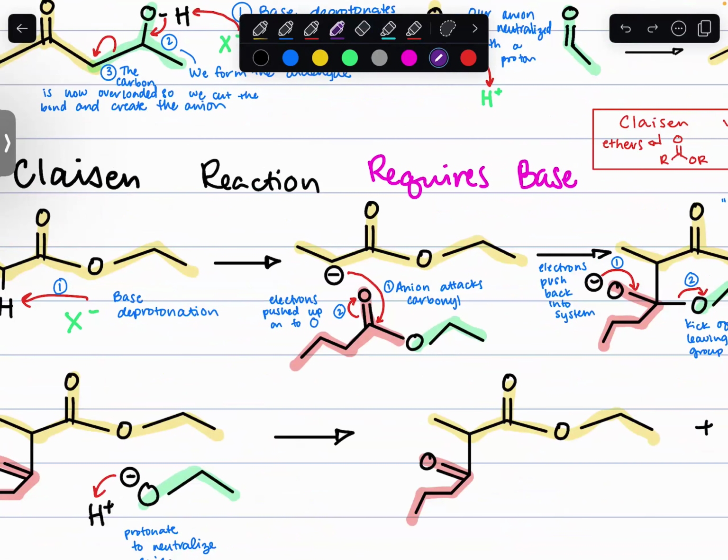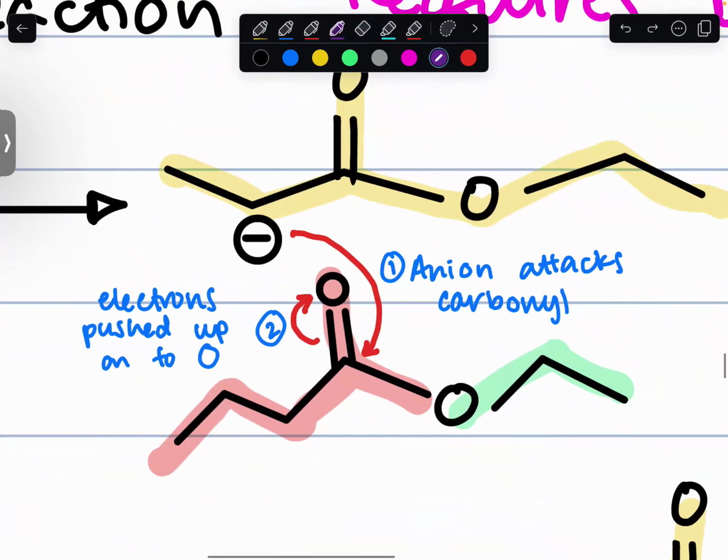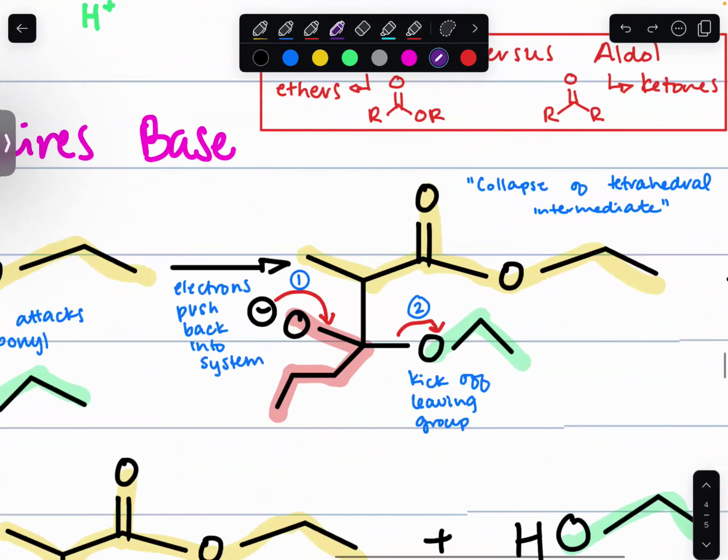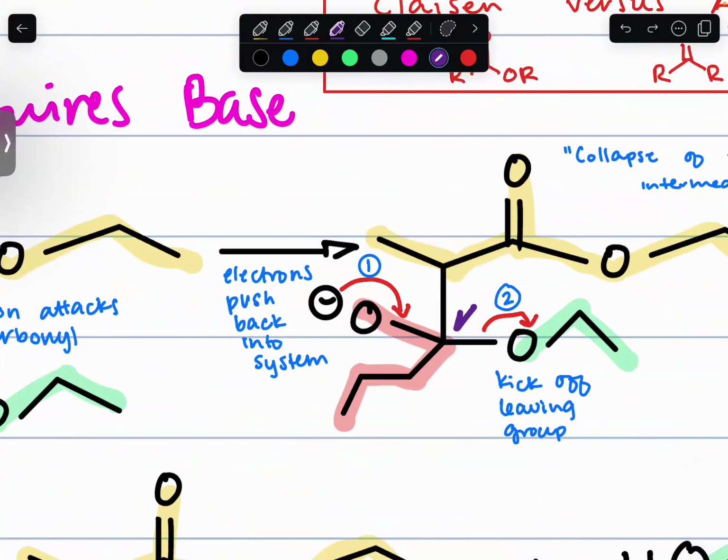It's then going to attack the carbonyl center here and push those electrons up onto the oxygen, just like the aldol. Here is where it gets different. This tetrahedral intermediate is going to break apart. So the oxygen is going to push its electrons back into the system and kick off that secondary oxygen group.